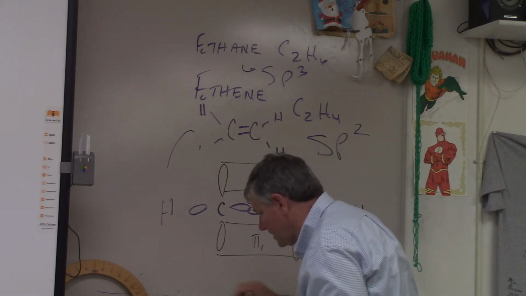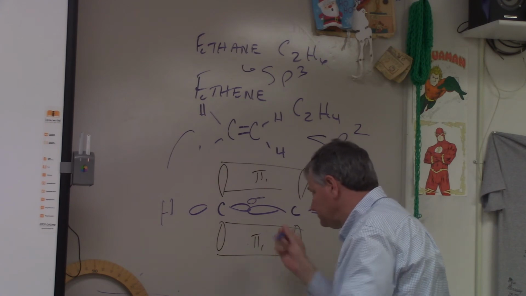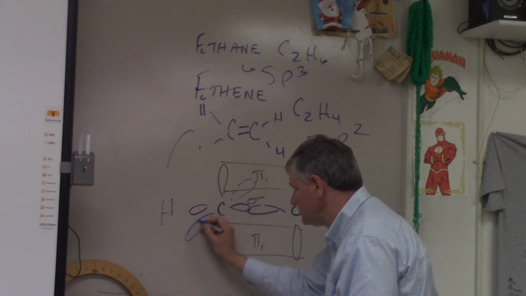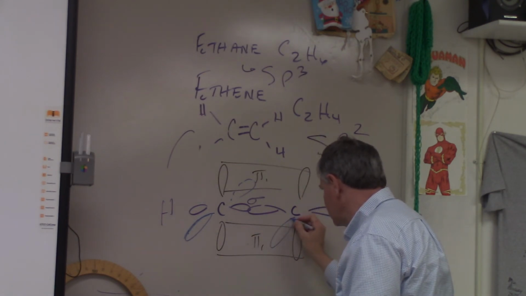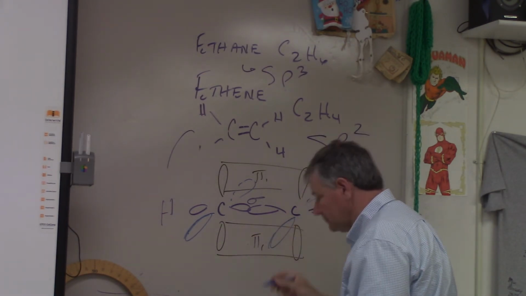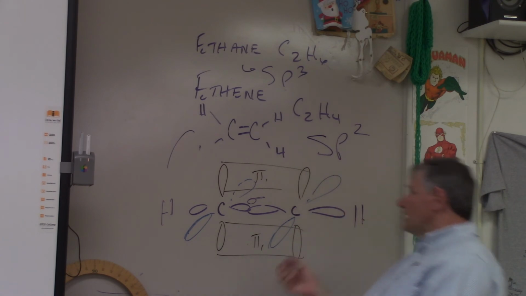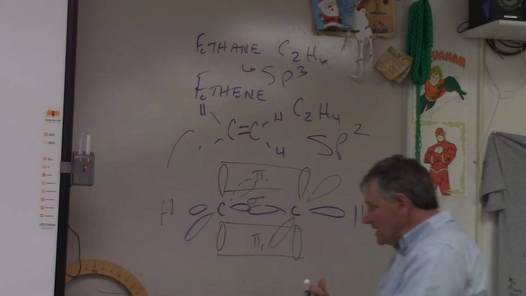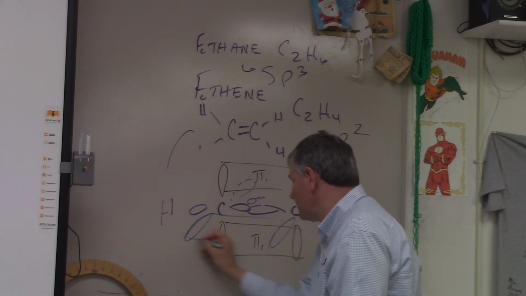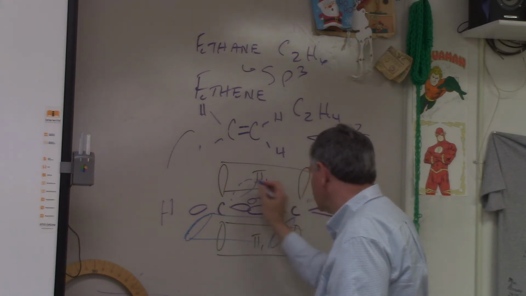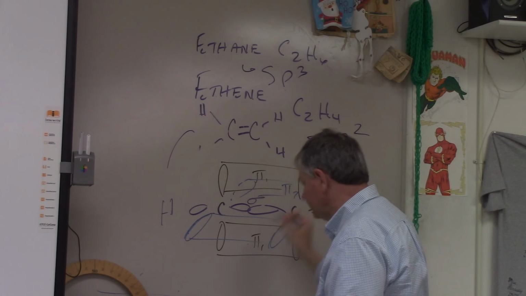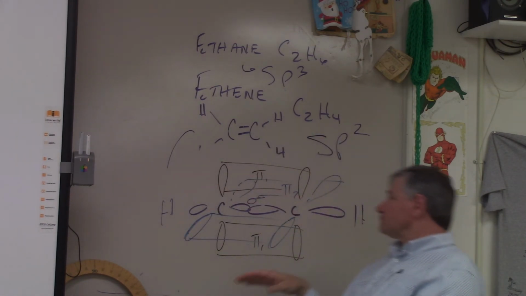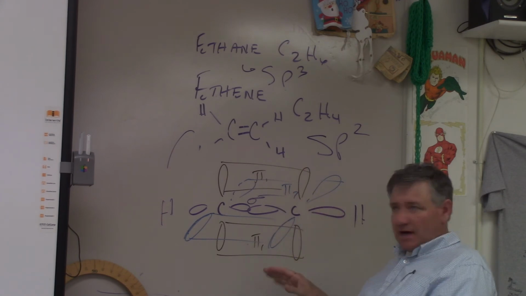Now, coming out of the plane of the board like this, I've got a second non-hybridized p orbital. So there's the second pi bond.